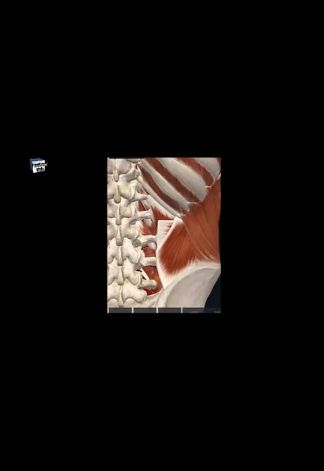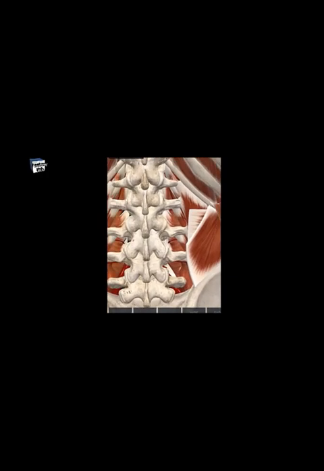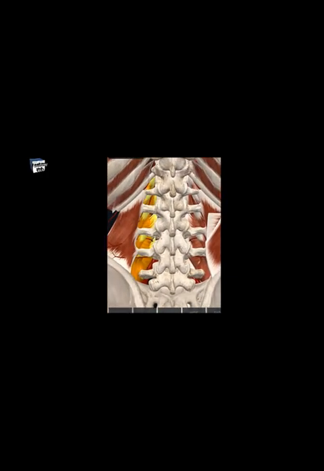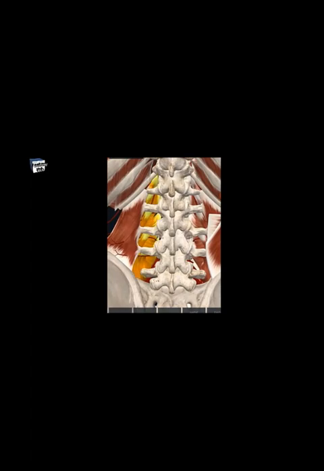The psoas muscle comprises both the psoas major and psoas minor, but as the psoas minor is often absent in individuals, we will focus on the psoas major.